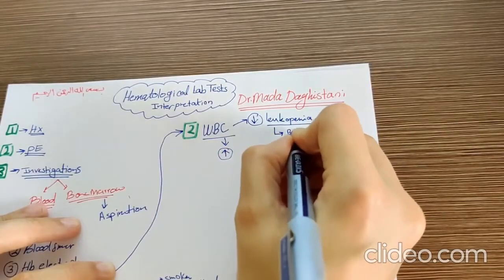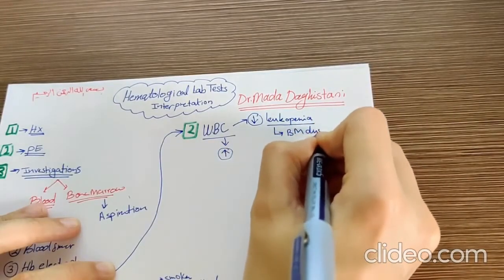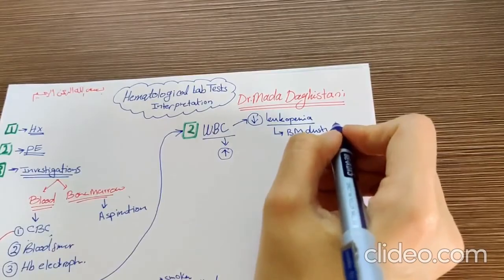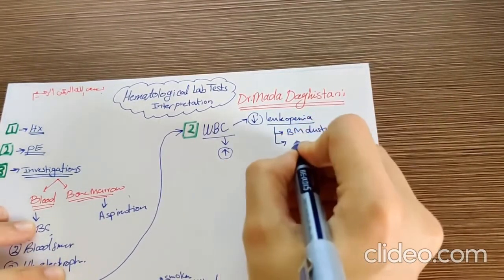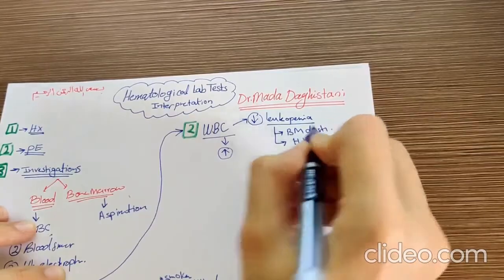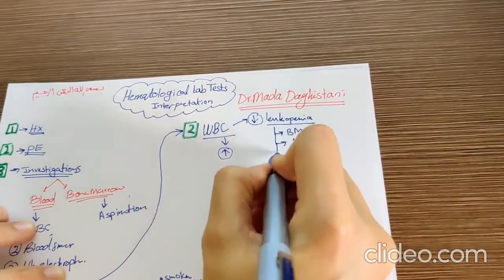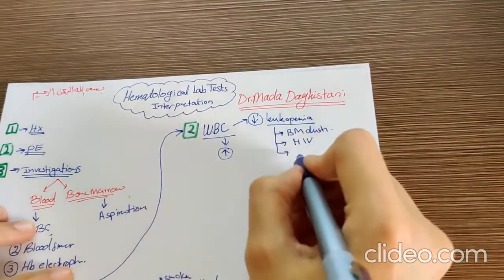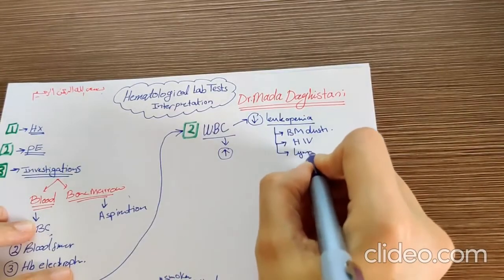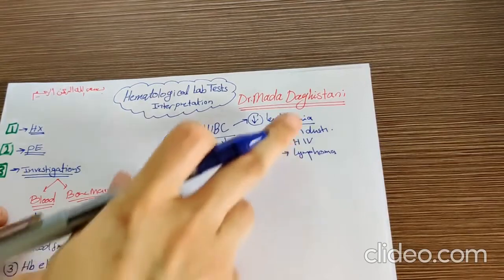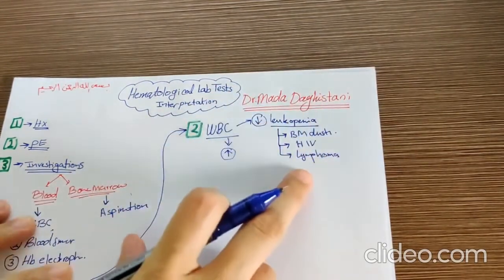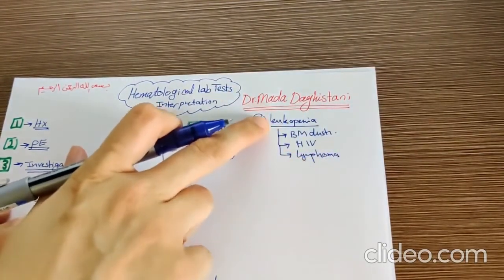I can have bone marrow destruction. It can be HIV, and it can be lymphoma. These are the most common causes that can lead to leukopenia.